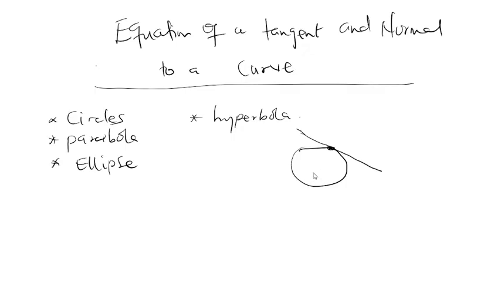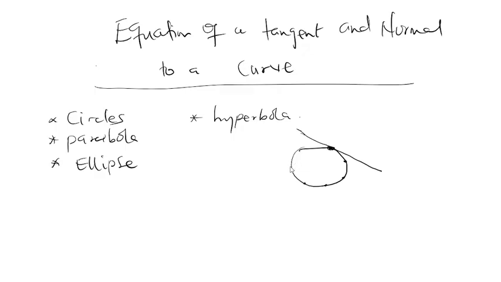Right. And each of the points on the curve has a tangent. So you have a point here, another point here, another point here. A line which is touching only this particular point is a tangent to the curve.